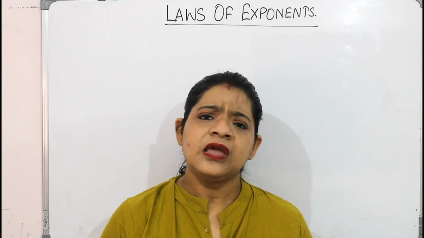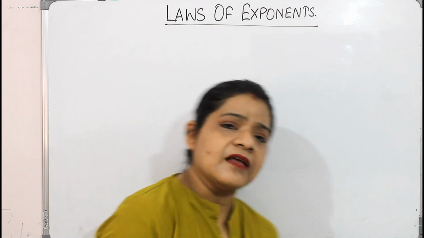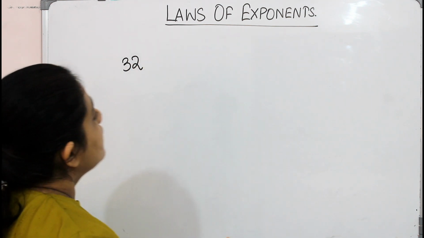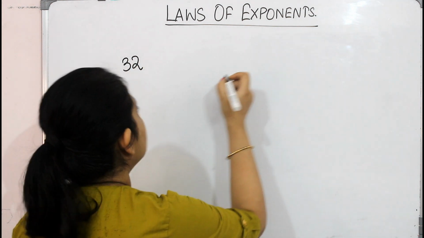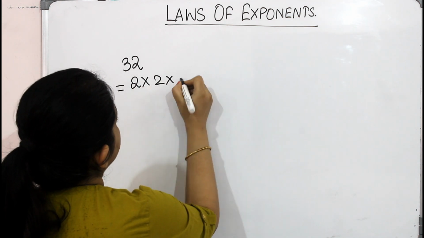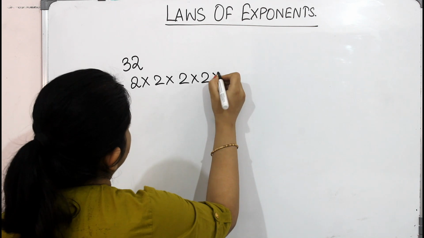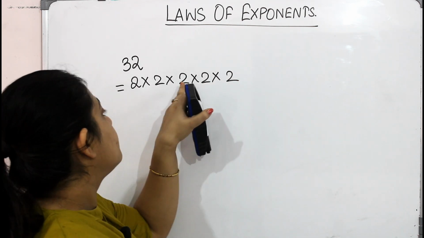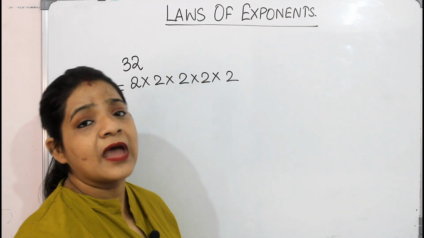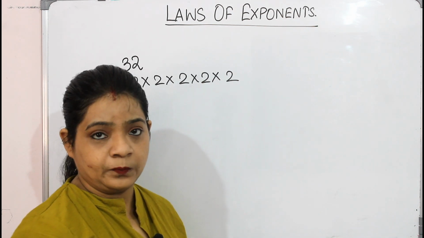In simple terms, let us consider a number, that is 32. If you find the factors of 32, it will be 2 into 2 into 2 into 2 into 2. That is, 2 is multiplied 5 times so that you get the number 32.